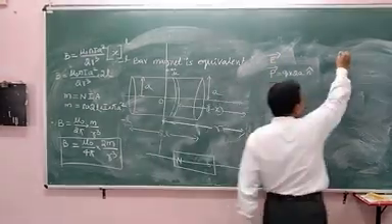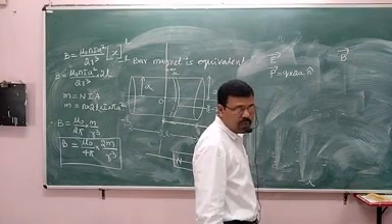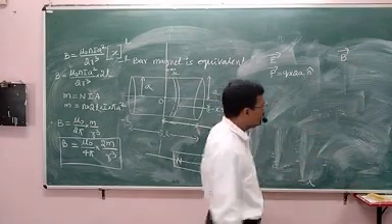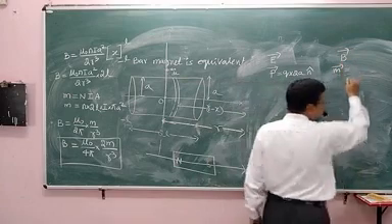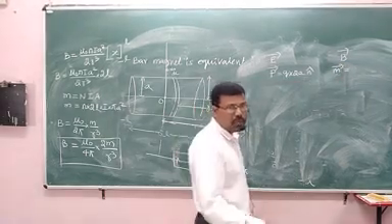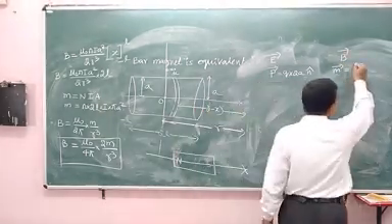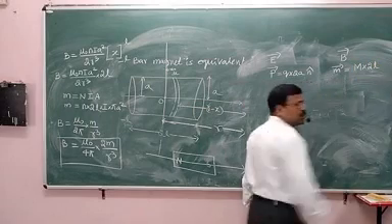Similarly, magnetic field is also a vector quantity whose direction is north to south, and magnetic moment is equal to pole strength into the separation between the two poles.